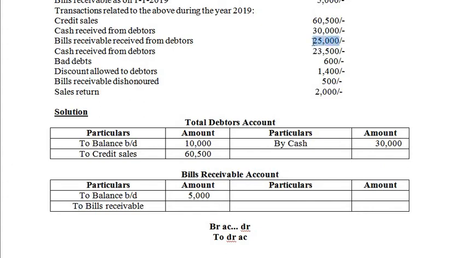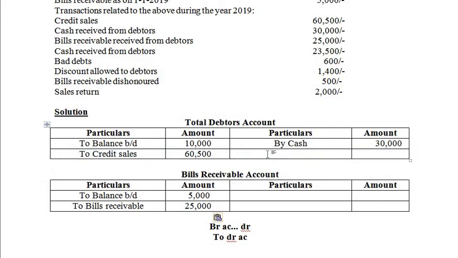So write down the amount as 25,000. So this is nothing but debit side of bills receivable. Bills receivable account debit to debtors account.